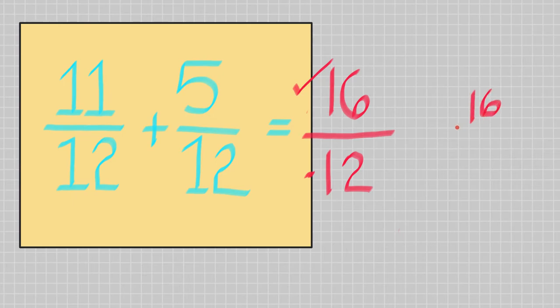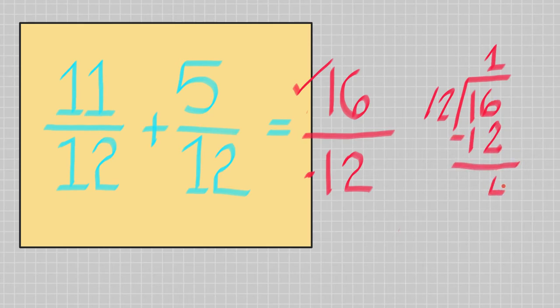So we can have 16 divided by 12, that is 1. 1 times 12 is 12. Subtract 16 minus 12, that is 4. The quotient will be the whole number, and that is 1. The remainder is 4, so that will be the numerator. And simply copy the denominator, which is 12. Is our answer final?